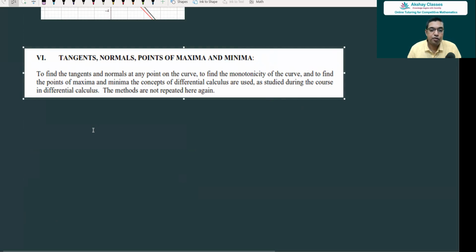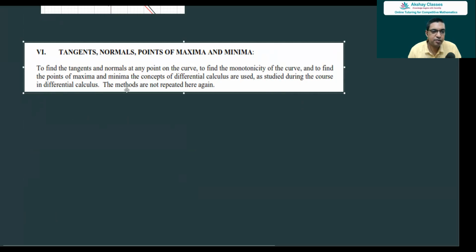What is the point of maximum, point of minimum, the maximum and minimum value, and so on. So to find the tangent and normal at any point of the curve, to find the monotonicity of the curve, and to find the points of maxima and minima of the curve, the concepts of differential calculus have to be used, as studied during the course in differential calculus.